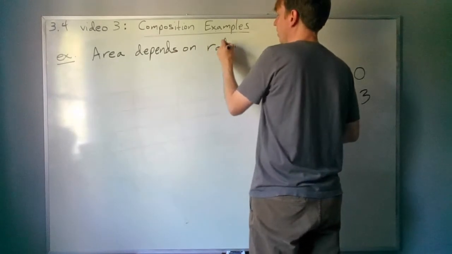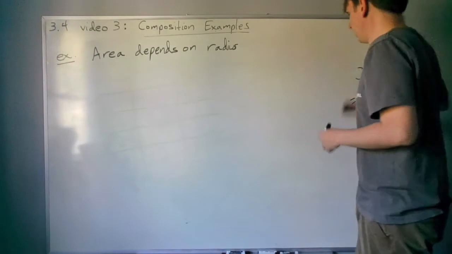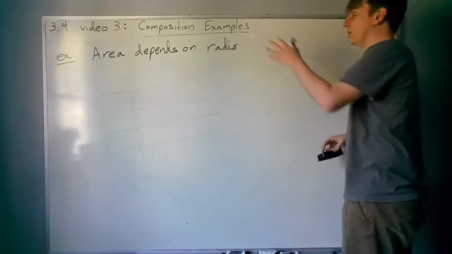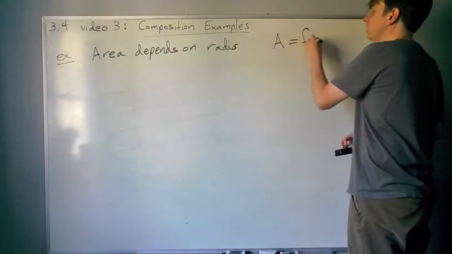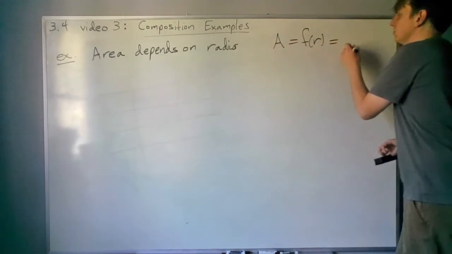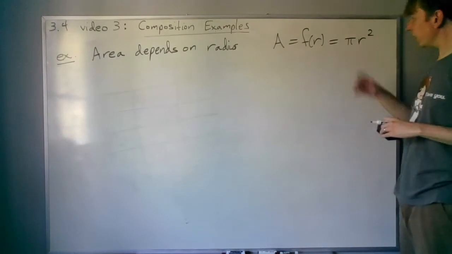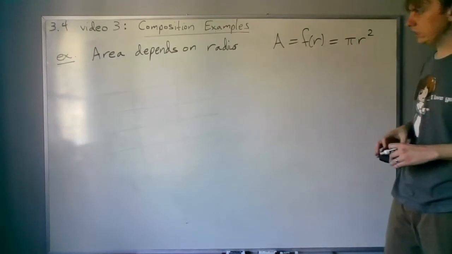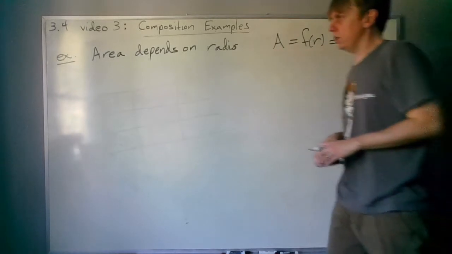If we're talking about a slice of pizza, sure, the area of a slice of pizza depends on the radius. Or sorry, the area of an entire pizza depends on its radius, and we actually know a formula. Pi r squared would be the area of a circle. So we actually have a particular function in mind, but even still, we have area as a function of radius.